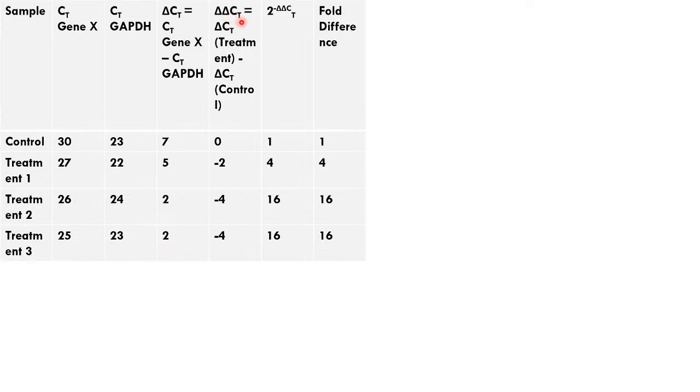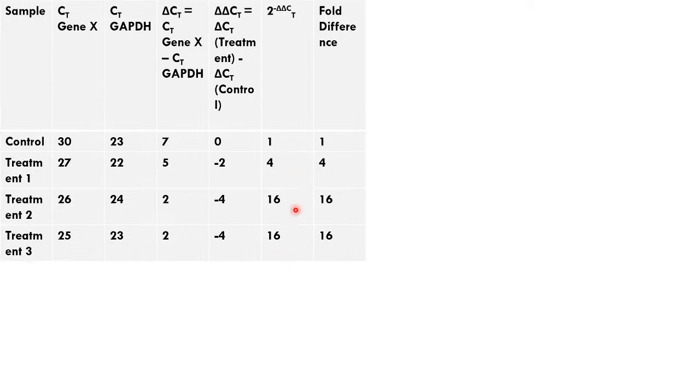Then we calculate delta delta CT, that is treatment minus control. So here the delta delta CT for the control will be what? This minus this, 0, then treatment minus control, then second treatment minus control, then third treatment minus control. Whatever values are coming, you do 2 to the power minus delta delta CT and you get what?